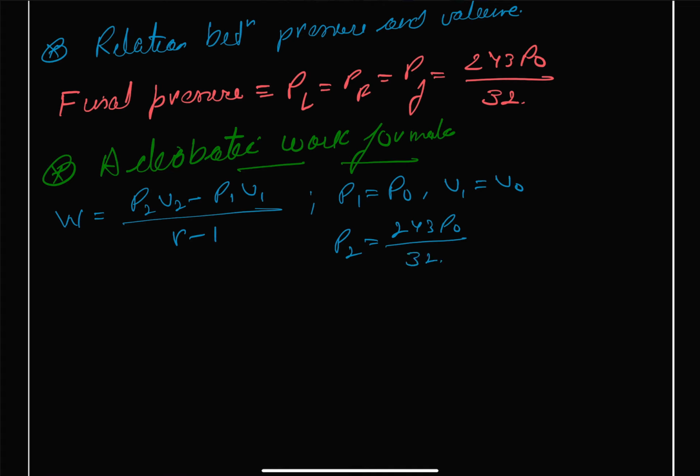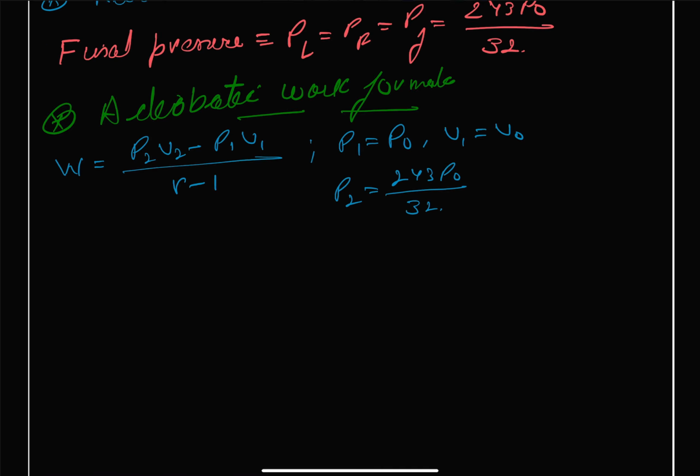And V2 we require to find out. V2 we can just find out, it's not a big issue. So we start with our adiabatic process, which gives us PV raised to power gamma is equal to constant. So from here we can say that P naught V naught raised to gamma is equal to P2 V2 raised to gamma.